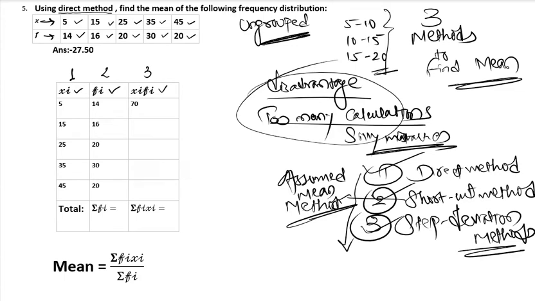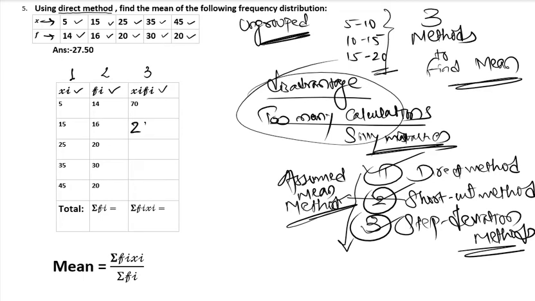So in the first column, I have written all the observations, that is 5, 15, 25, 35, 45. In the second column, I have written all the frequencies: 14, 16, 20, 30, 20. Now in the third column, we have to multiply the observation with the respective frequency. The second multiplication will be 15 into 16, which is 240.